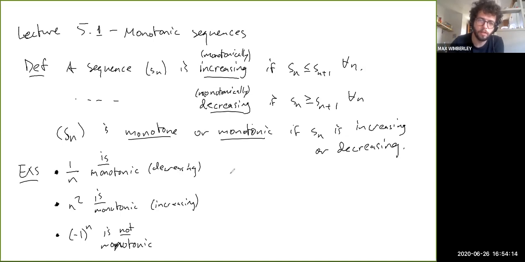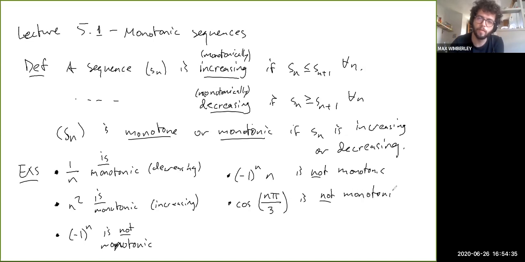Or something like cosine of n pi over 3 is not monotonic. Anything that flip-flops or oscillates or whatever is not going to be monotonic, okay?